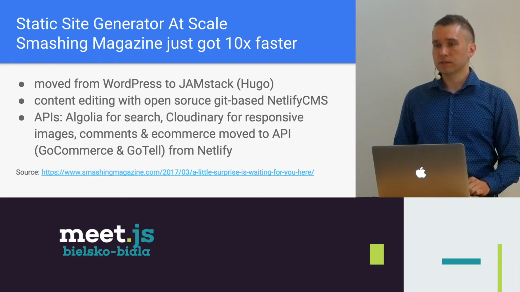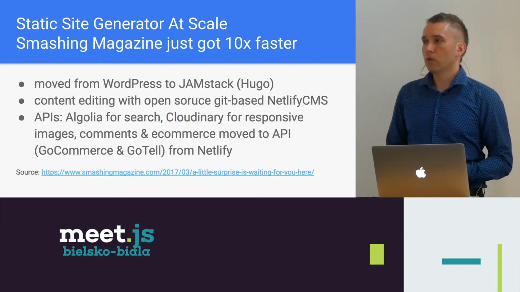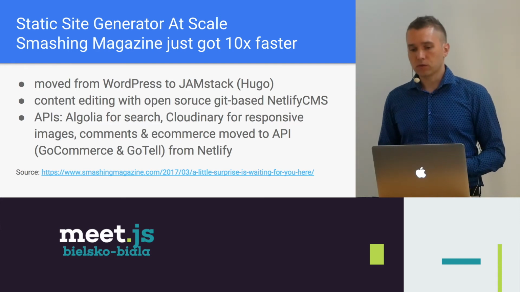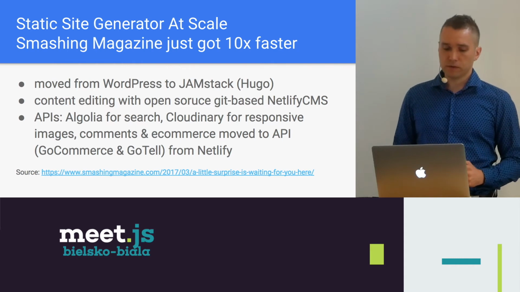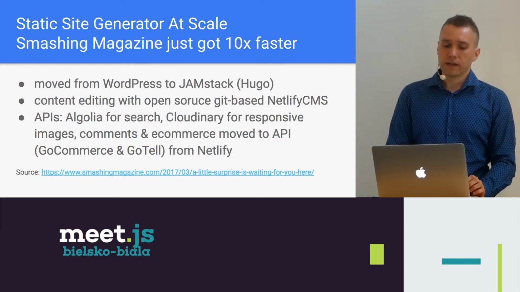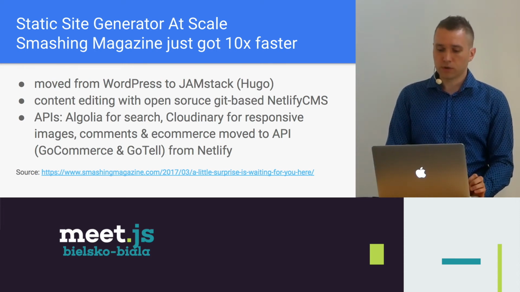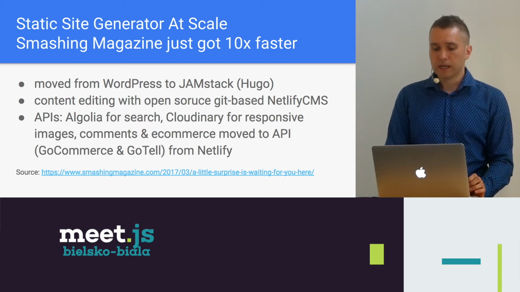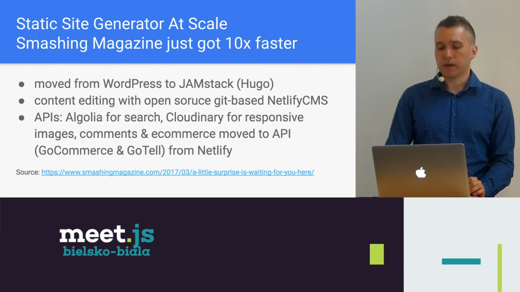To keep all the interactivity, because there were a lot of other applications involved, especially e-commerce, they used external APIs. They used Algolia for search, Cloudinary for images, and other services for comments, and for e-commerce they moved to solutions provided by Netlify.